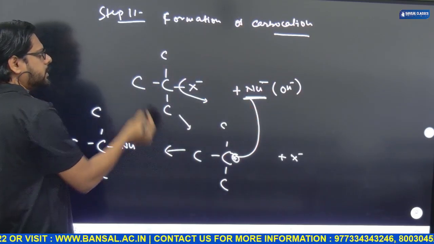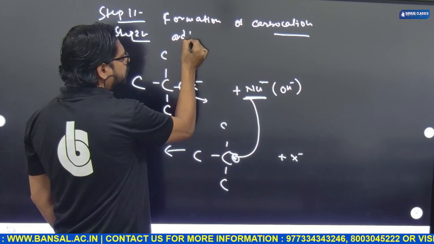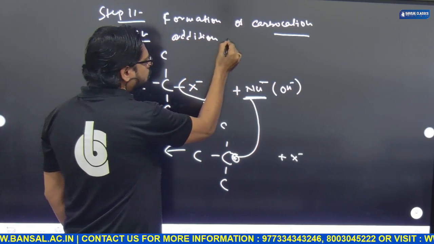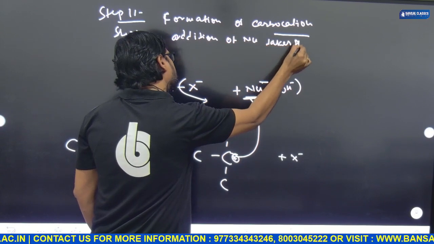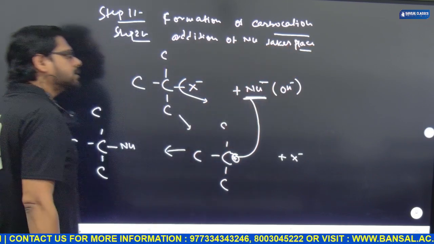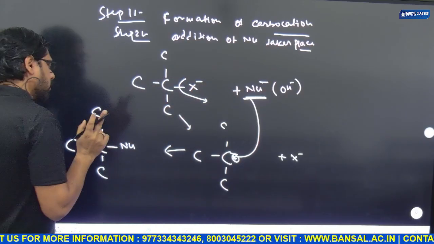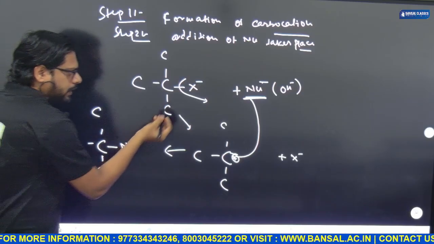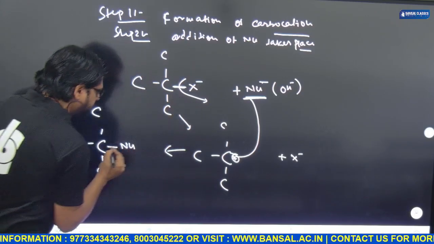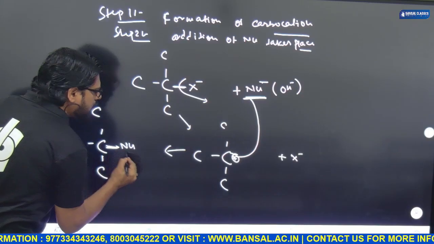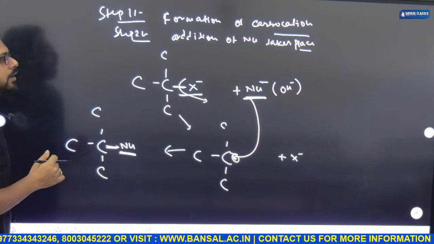And in the second step, step 2, addition of nucleophile takes place. First thing. Second thing, we can see that this is the exact position where the nucleophile has attached, where it was earlier a halogen.